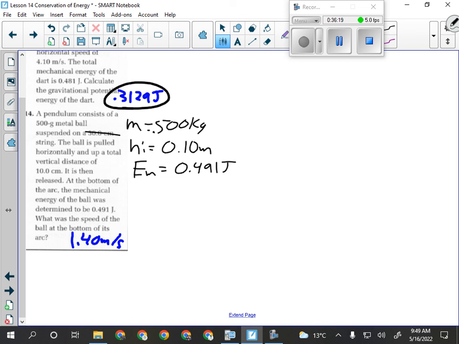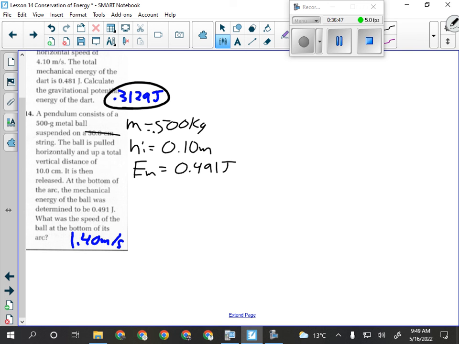All right, so this is the mechanical energy. This is the initial height. If this is the mechanical energy, can I really simplify this question? What kind of energy does the ball have at the bottom of the arc? It's all kinetic. So is this how much kinetic energy it has at the bottom of the arc? Yes, it is.